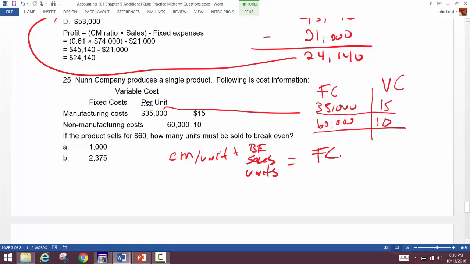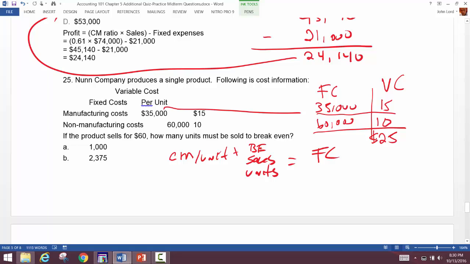And if I know that, I don't start playing jazz with this thing and saying, well, let me take out the manufacturing versus the non-manufacturing. There's no rule that says that. It is my contribution margin times the number of units, got to equal my fixed cost, doesn't it?